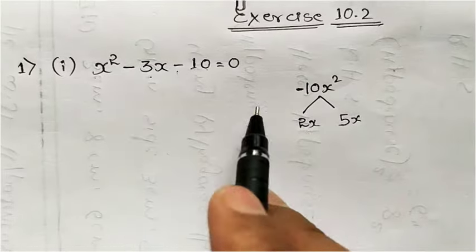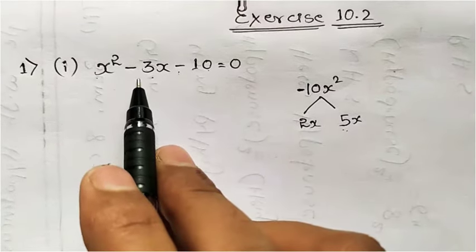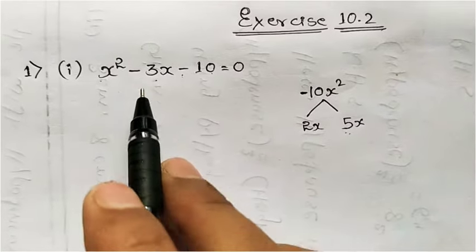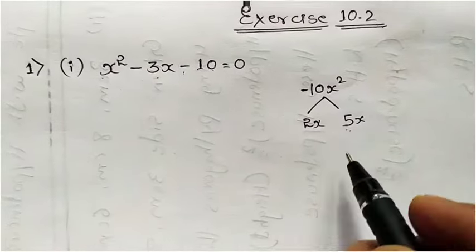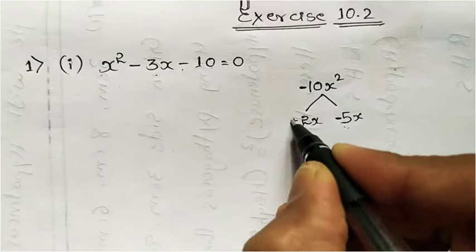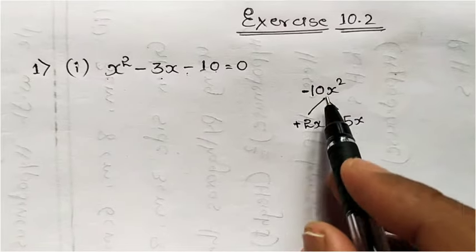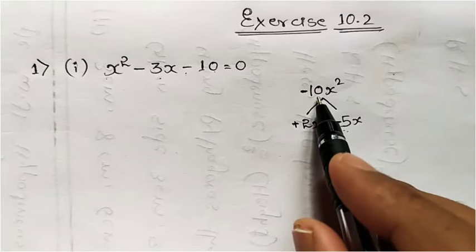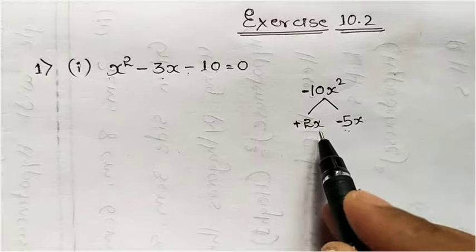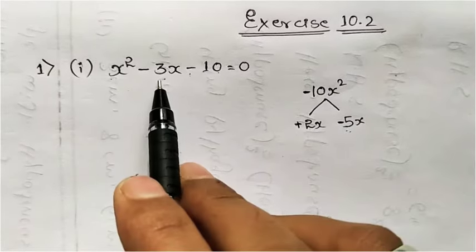Similarly, if we add or subtract, we have to get the middle term, that is minus 3x. Okay. So if we need minus 3, then we have to take the bigger number as minus and the smaller number as plus. If we multiply, we get the product of the first and third terms, and if we subtract or add, we get the middle term.